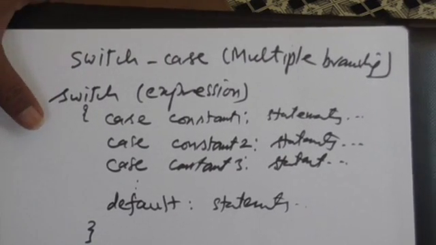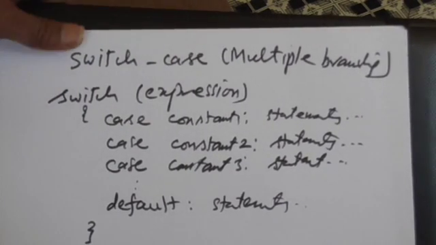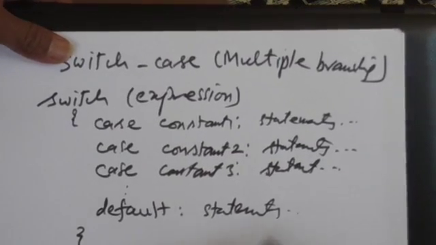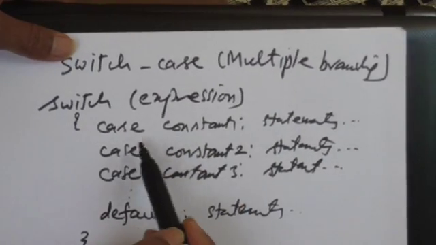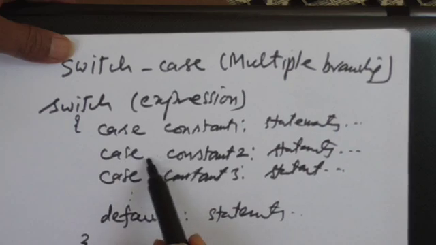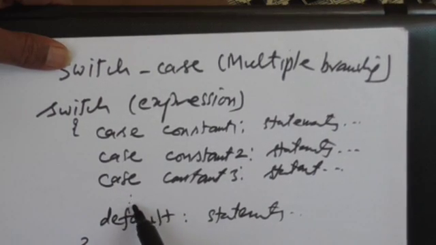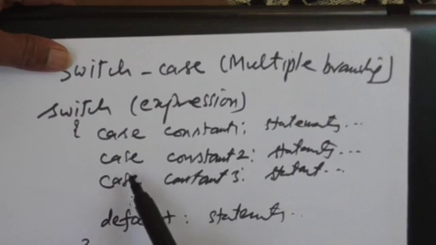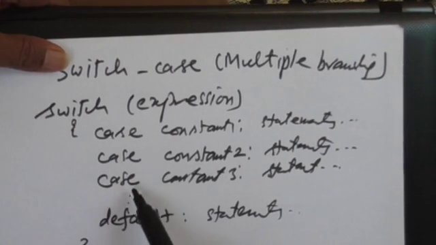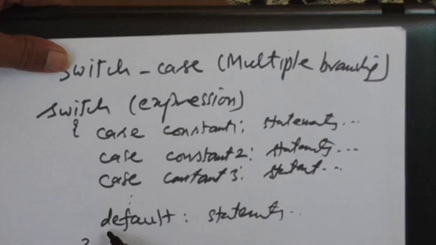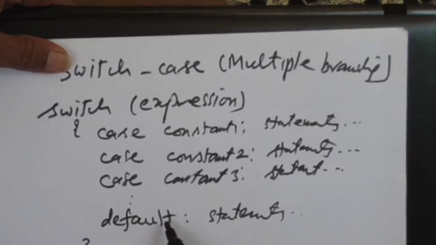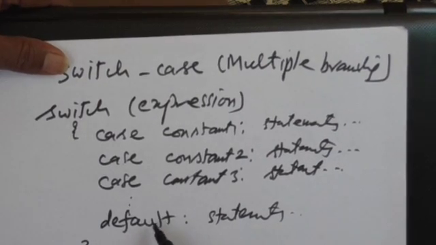What I mean to say is, as I said, it's a multiple branching statement. You can have case constant 1, another case constant 2, another case constant 3. You can have any number of case labels, and finally you can have a default one.